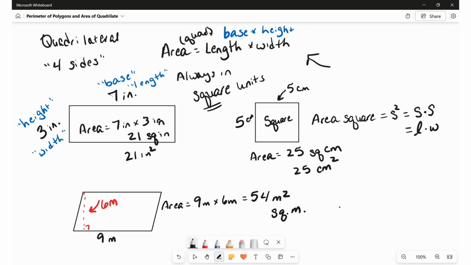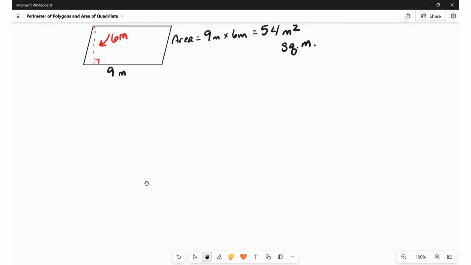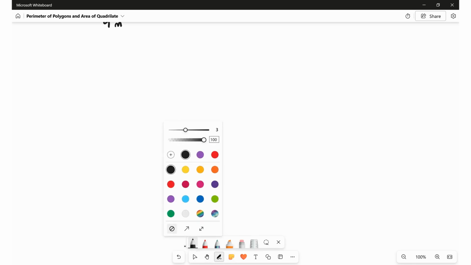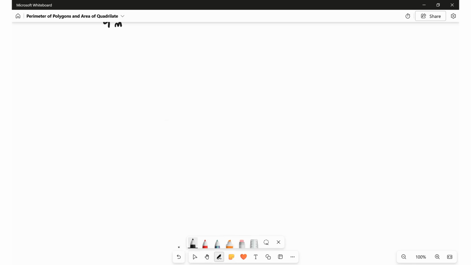Now, the only formula that is going to get a little bit squirrely on us is when we are talking about the area of a trapezoid. And I don't think I have a trapezoid tool. No, I don't. So we're going to do our best with what we've got. Y'all wish me luck on this.